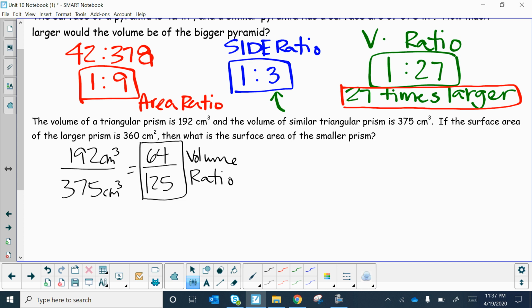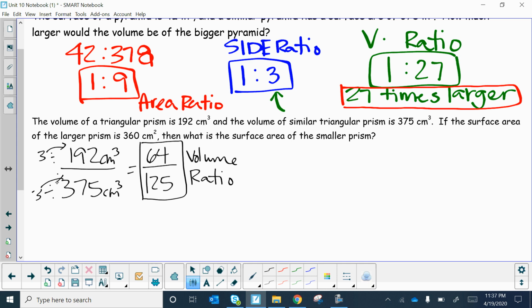Okay, and so 3 goes into both of these. All right, so I'm dividing 3 into that and divide 3 into that. Okay, and so that's how I get 64 and 125. So if I'm solving for the surface area, I can't use the volume ratio. I have to use the surface area ratio.